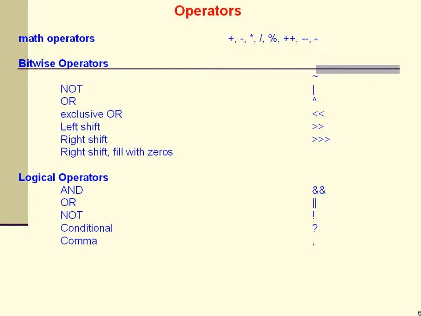Bitwise operators, which include not, or, exclusive or, left shift, and right shift fill with zeros. The next one is logical operators, which include and, or, not, conditional, and comma.